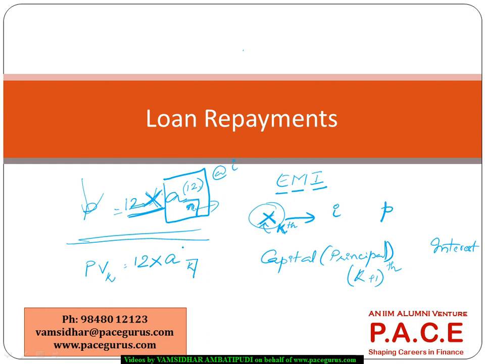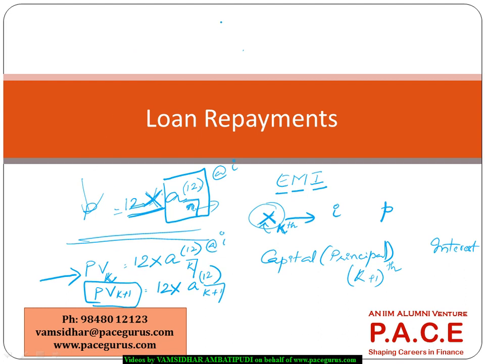This is for K. Similarly, I can find out the present value for K plus 1 period: 12X, A K plus 1, 12. So this is the value of the loan outstanding at the end of kth period or kth year. This is the loan that is outstanding at the end of K plus 1th year.